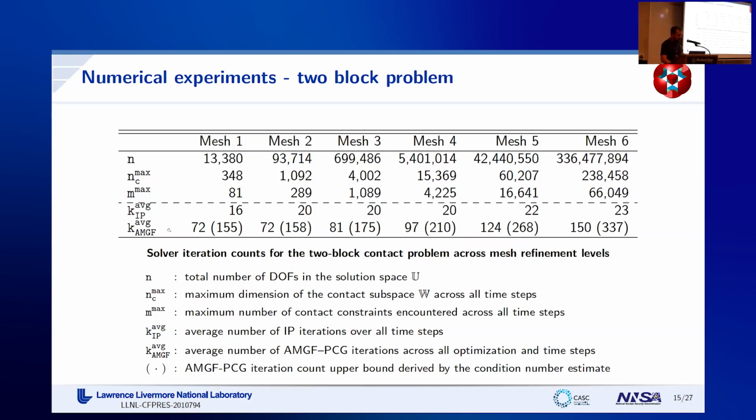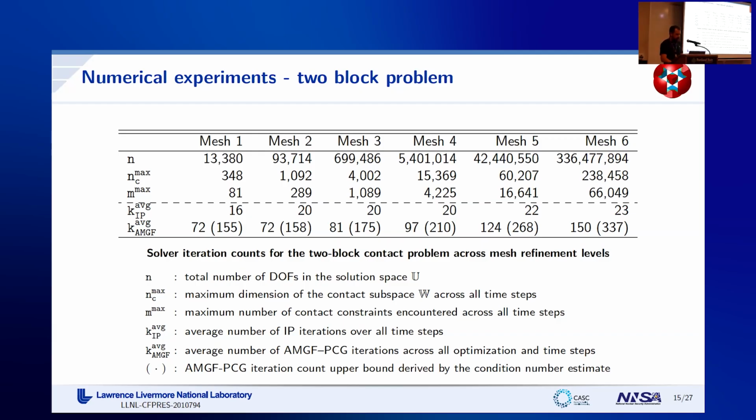And the most important row here, I guess, is the last one. The numbers you see here, not in the bracket, are the average number of PCG iterations, preconditioned with AMGF, over all time steps and over all optimization steps.